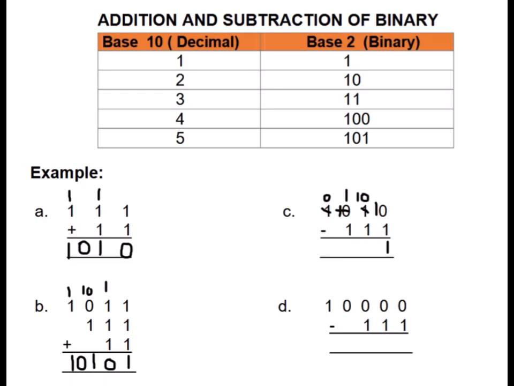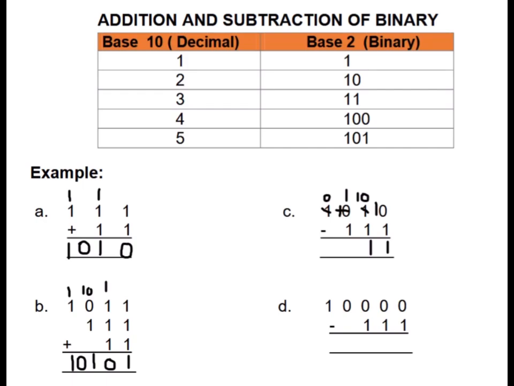That is 1, 0, which is 2. 1 from 2, take away 1. We'll be having what? 1. 1 minus 1, that is 0. And here is 0. So our answer technically is 1, 1.